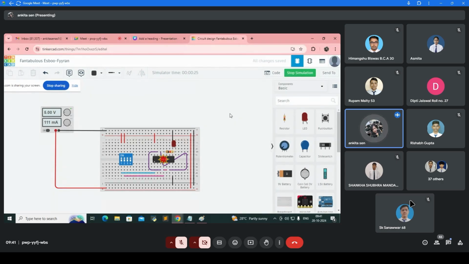In the last class also, maybe someone thinks it's not working or it's getting burst. That's why I'm telling you: find out how to take it, because fault finding is also one important factor.